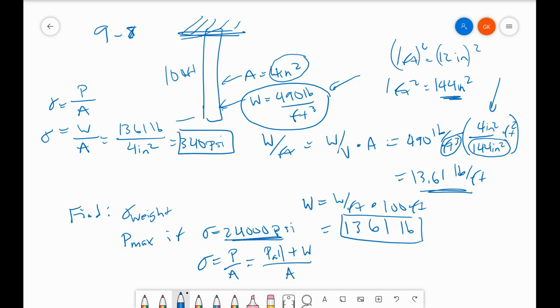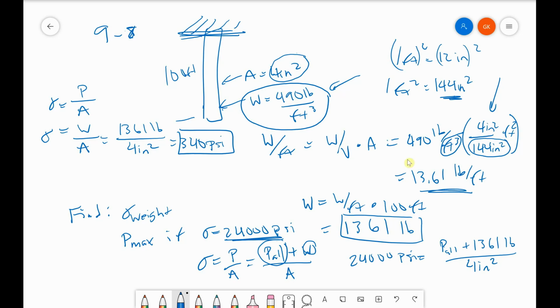I've got this load that's allowed for me, and I have to add the weight to that to get my overall stress. I know what the weight is and I know what the area is, so I should be able to solve this. 24,000 psi is equal to P allowed plus 1,361 pounds, all over 4 inches squared.